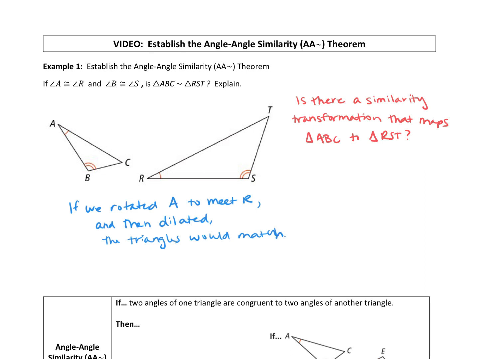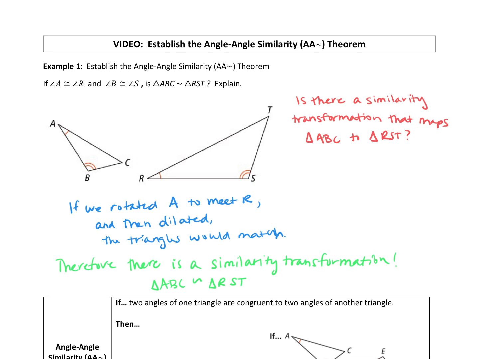And again, all that we know is that we have two angles that are congruent, but we can see that a rotation followed by a dilation would be enough to get those triangles to match. So therefore, there is a similarity transformation, which means that triangle ABC is similar to triangle RST.